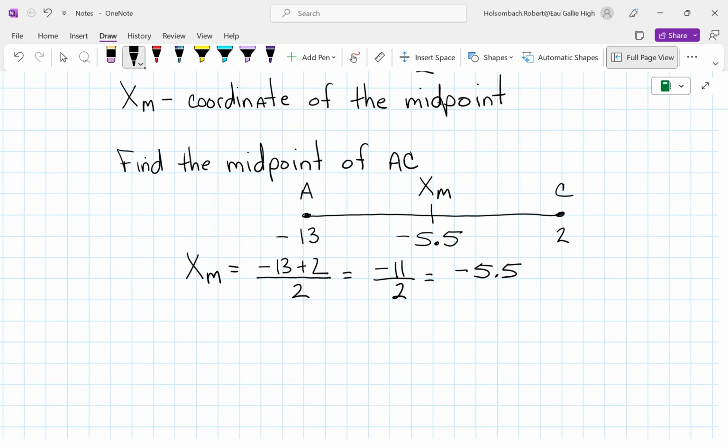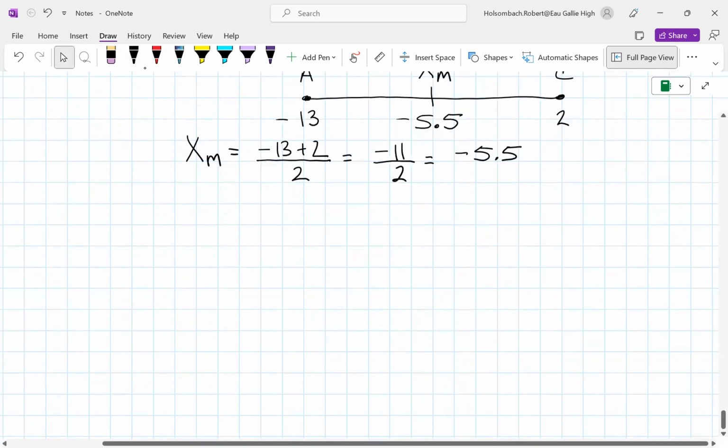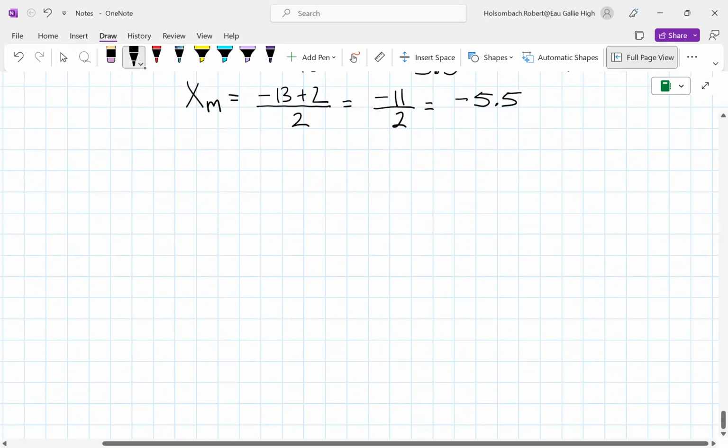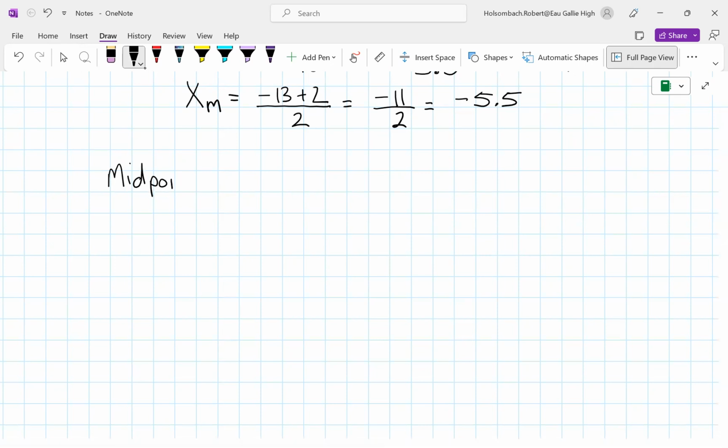And then I want you to look down at midpoint formula for the coordinate plane. Midpoint on the coordinate plane is the same formula, but you have to do it for the x values, and then you have to do it again for the y values.